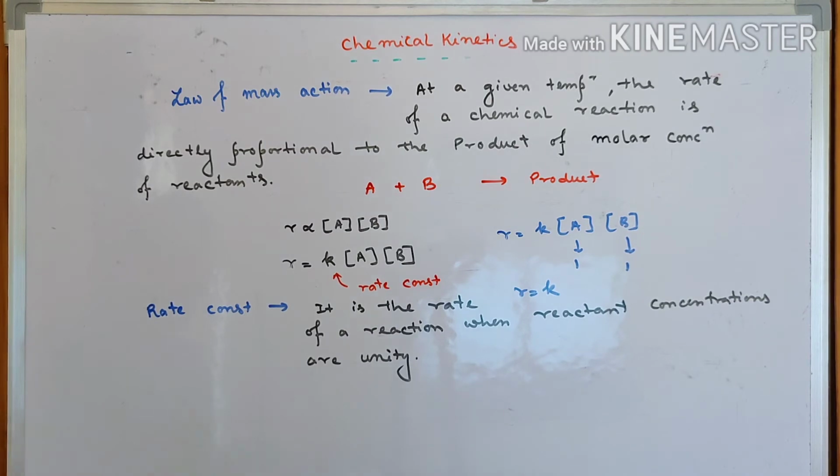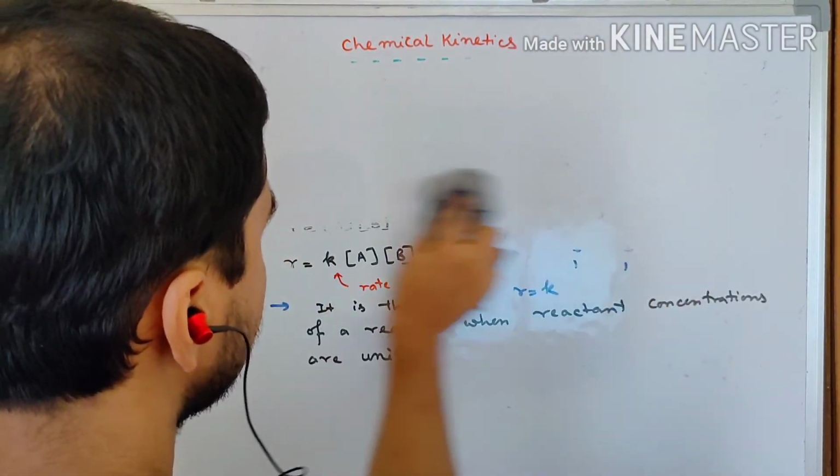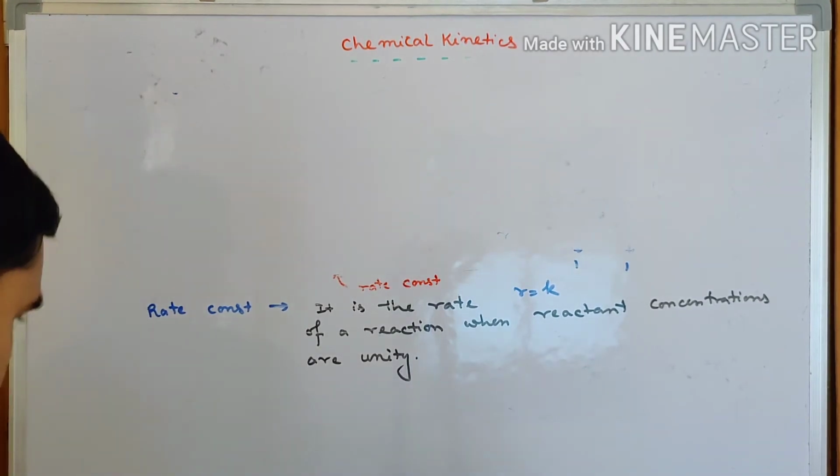Now let us see, looking at a value of K, what can we predict? First you write it down, then we are going to see the characteristics of rate constant.